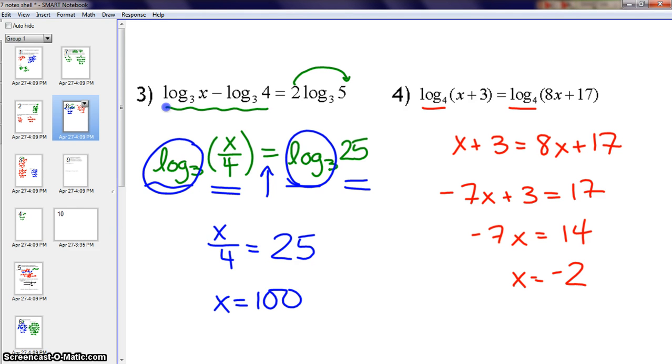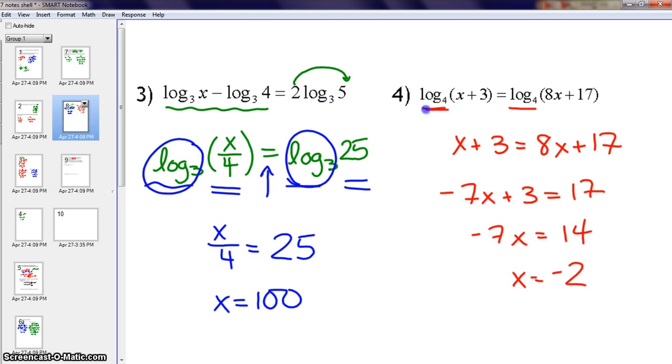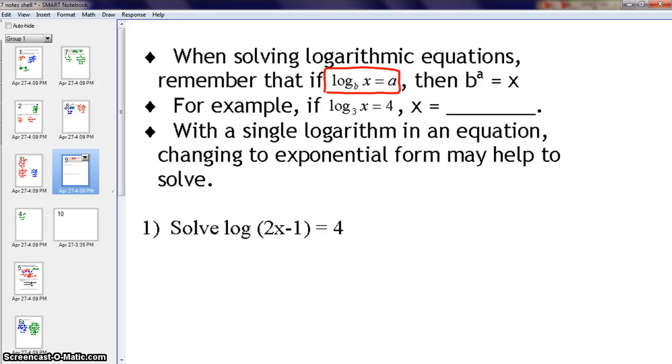Okay? We have 2 more problems to do. These problems are a different case. Okay, so here we say, when solving logarithmic equations, remember that you can switch from log form to exponential form. So this format is different from what we just did. In these problems, we had log of something equals log of something. In the problems that are coming up here, we don't have logs on both sides. We just have a log on one side.